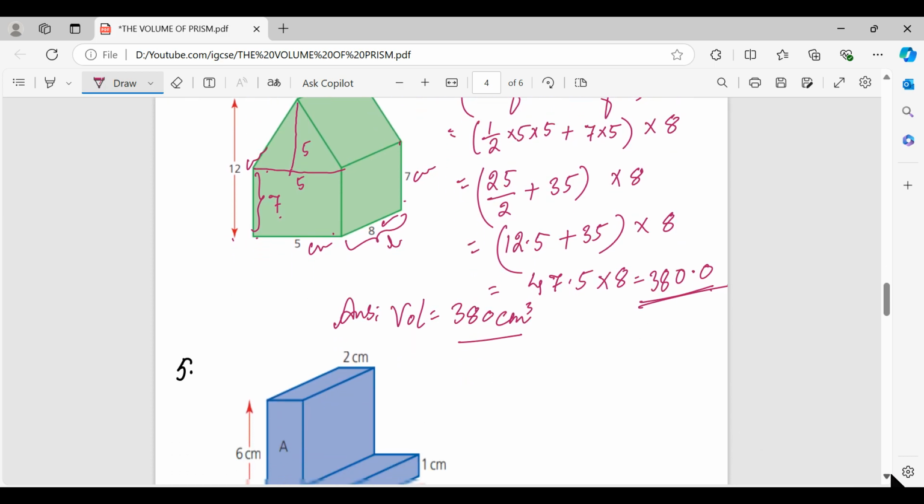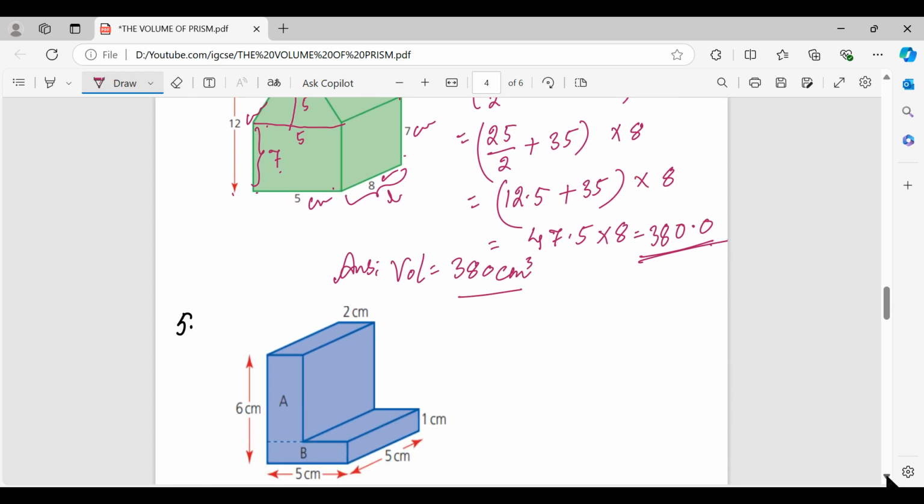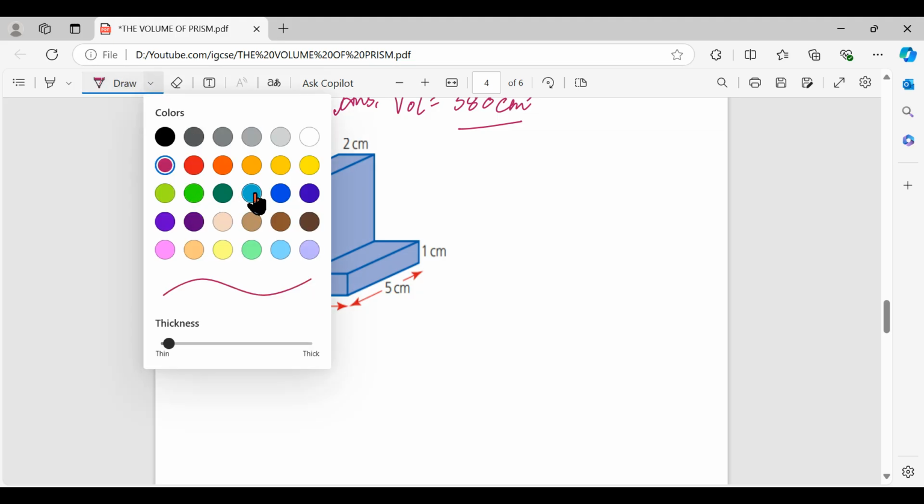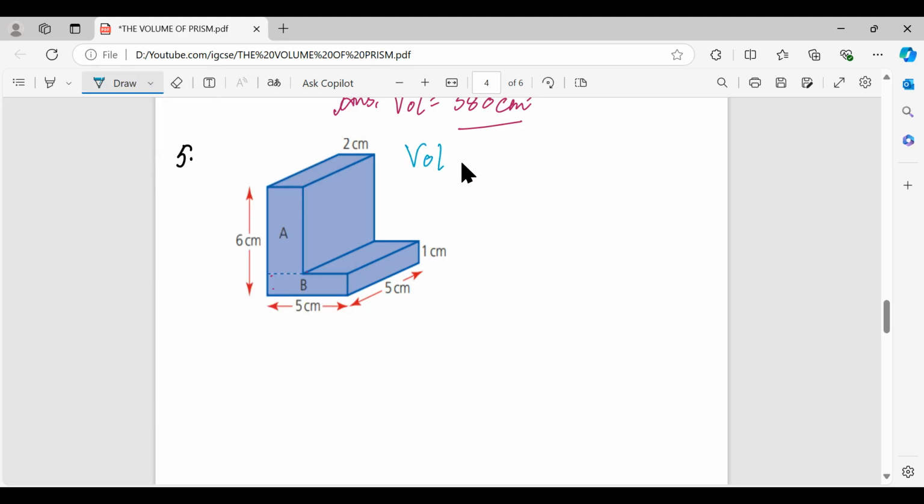Now, let's see another shape. Here again, this is the cross section, and this cross section is again a compound shape. Here you have one rectangle, and at the base you also have one rectangle. We follow the same rule: volume of prism is equal to area of cross section times the length.